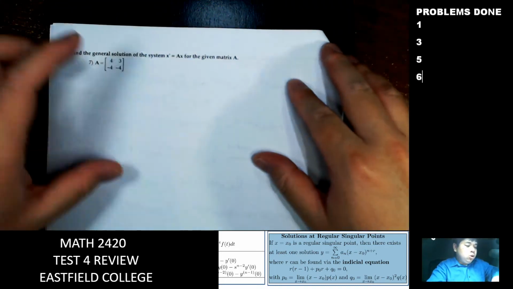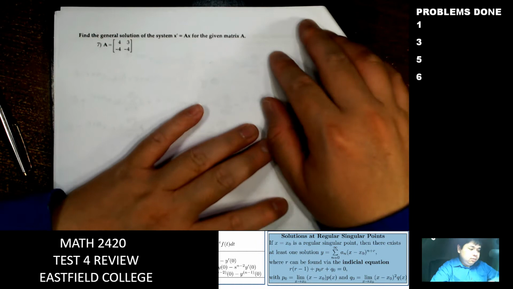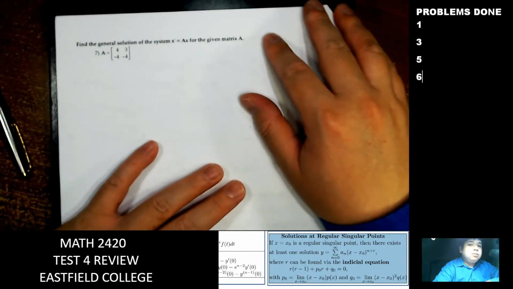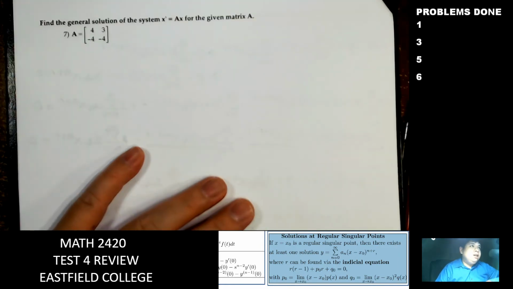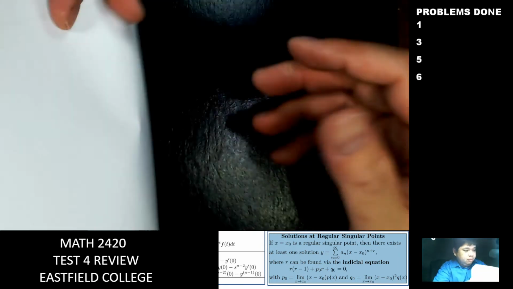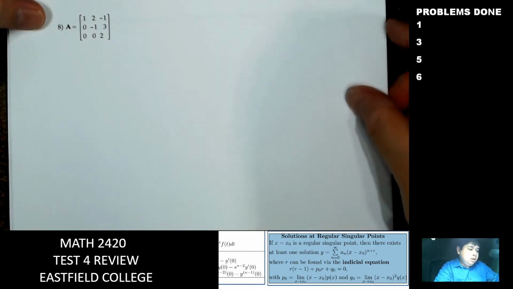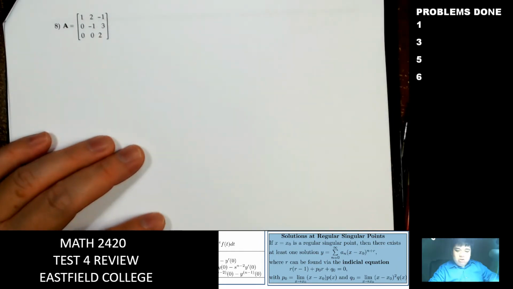Next we have the general solution to the system. Then we can zoom back in. I do this one instead. It's probably stronger.